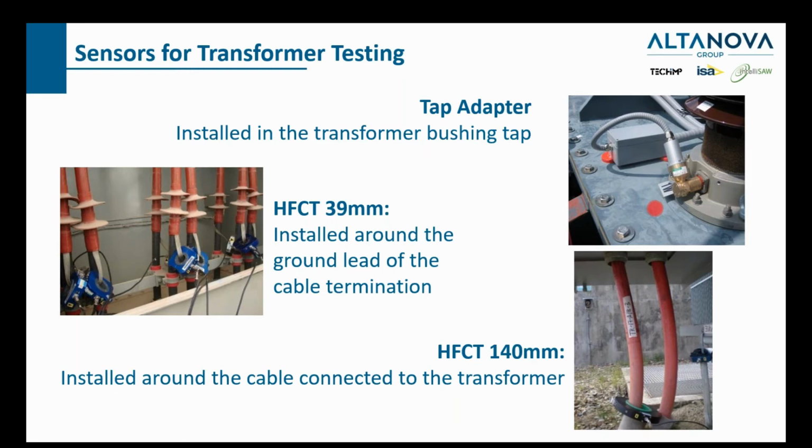So the tap adapter itself can measure 3 values: partial discharge, capacitance, and the dielectric loss. Those are the diagnostic markers that we were talking about. We can have different diagnostic markers for transformers with the tap adapter.